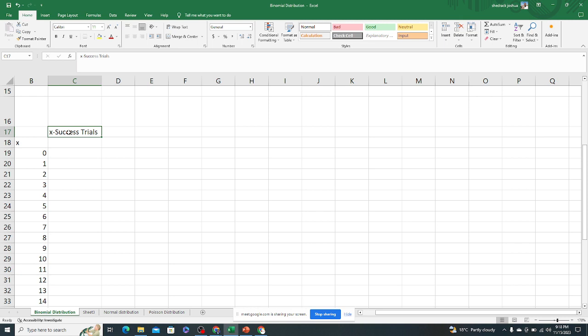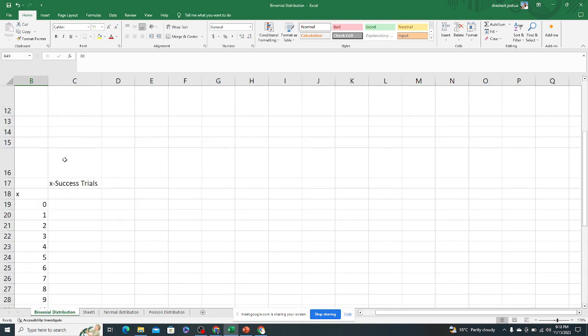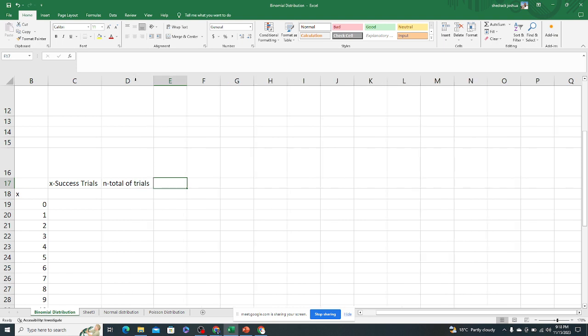we don't know the probability of all those trials being successful. In this case our x marks the successful trials, n is the total number of trials. Then we have p.